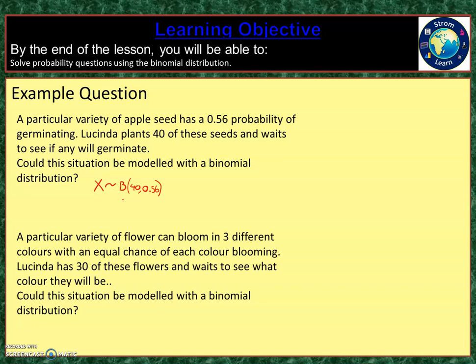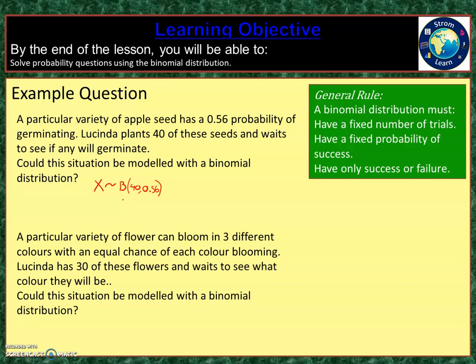It tells us that there's 30 flowers, so we have a fixed number of trials, but it's not a binary choice, because Lucinda's interested in what colour they will be, and there's 3 possible colours. Now, if this question was worded slightly differently, if it had said it can be red, yellow or blue, and she's interested in the probability of getting a red one, then that would be binary, because the yellow and blue would be irrelevant. It would just be red or it's not red. But in this case, it's not appropriate to use a binomial distribution.